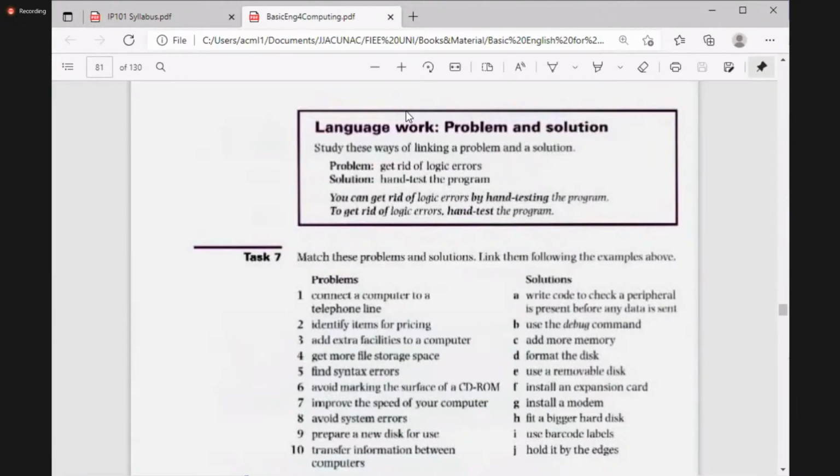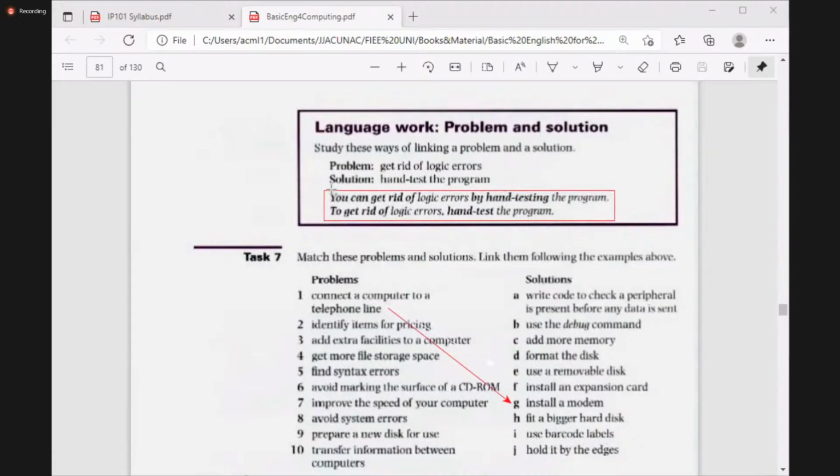That is the solution. Or you can also say, to connect a computer to a telephone line, install a modem. As simple as that. So we can use any of these two forms in order to establish problem and solution.